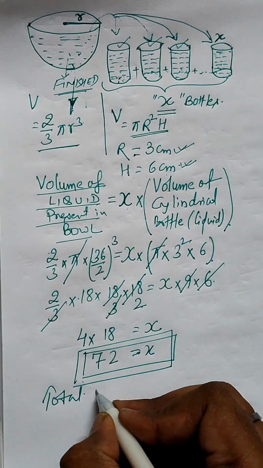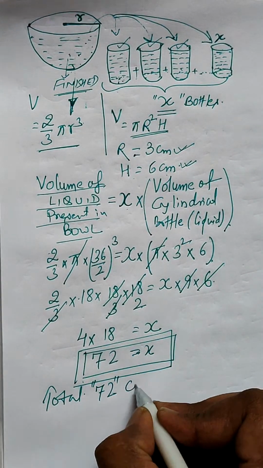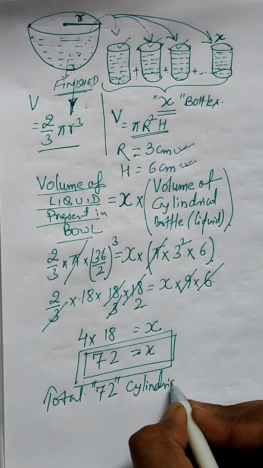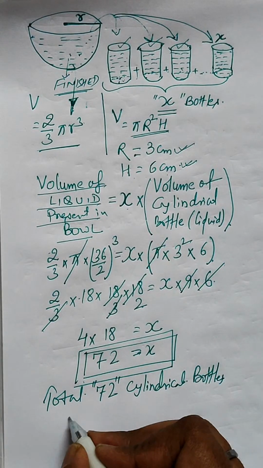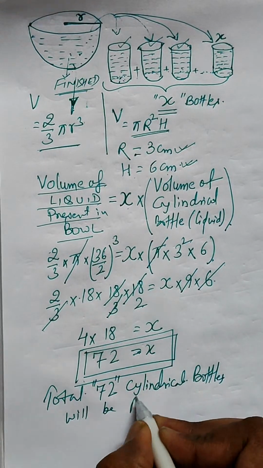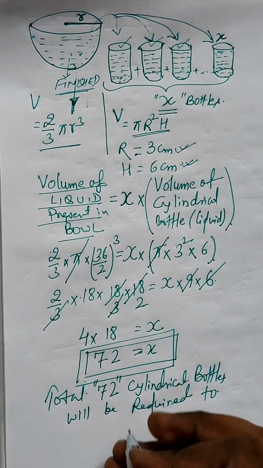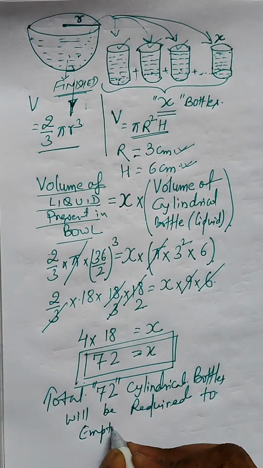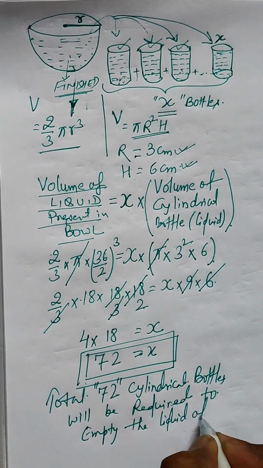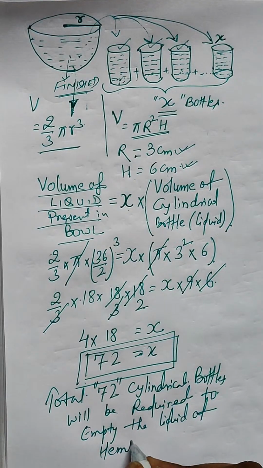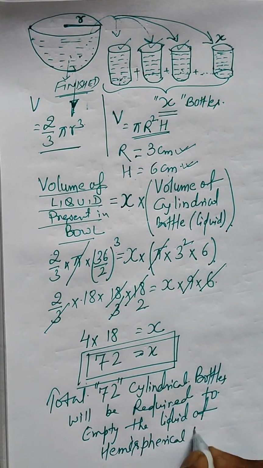So total 72 such cylindrical bottles will be required to empty the liquid of the hemispherical ball.